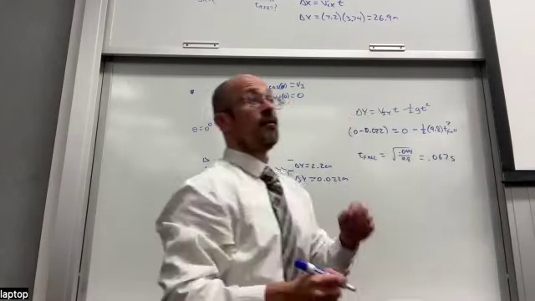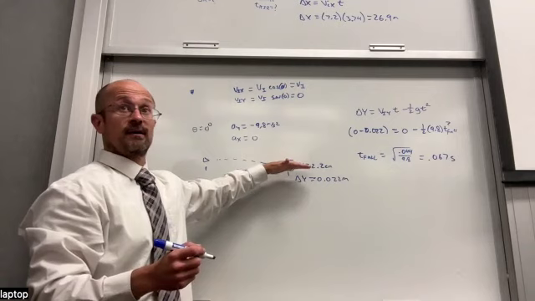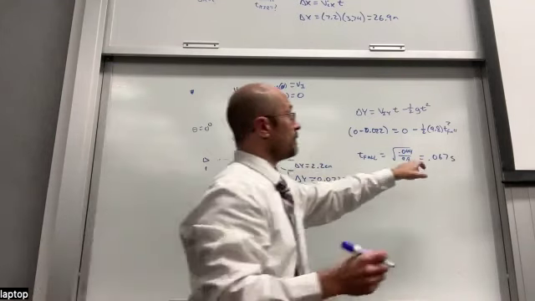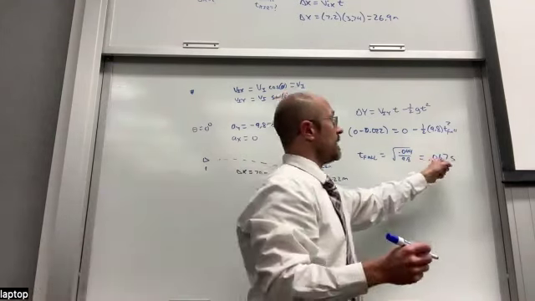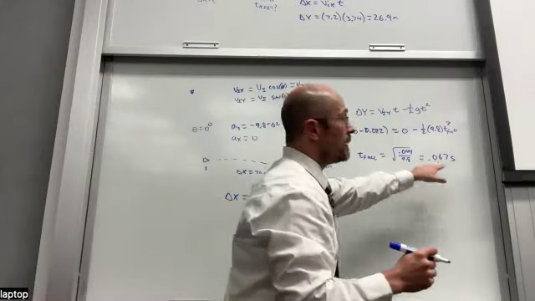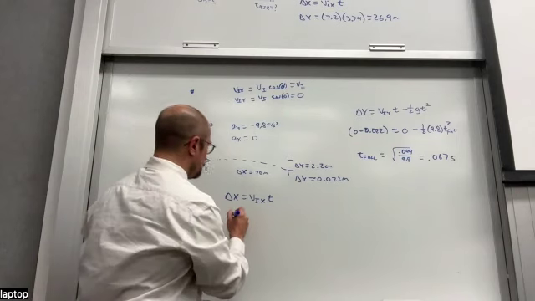So that's how much time the bullet has till it strikes the target, because it fell that amount. So it's in the air for this amount of time. Is everyone good with that? Then we can calculate VIX, because delta X is VIX times t. It has to cover 70 meters in 0.067 seconds.